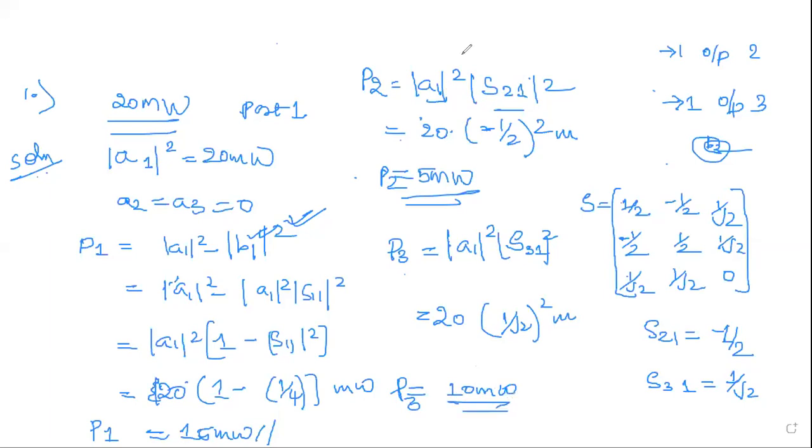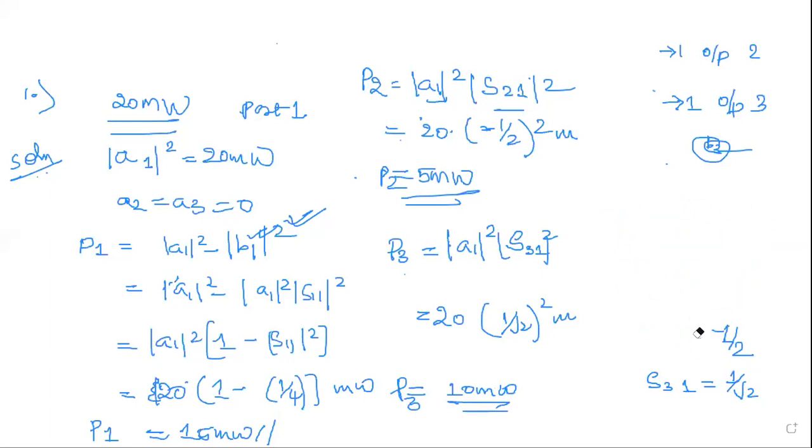Now the last step. You have got P1, P2, P3 values, but you know the property of your H plane. What is the property of H plane? If you give the power to port 1, it should equally divide between your port 2 and port 3. Just check it now. Since you're giving power across port 1, you should get equal power coming out of port 3 and port 2, and that should be equal to your P1.